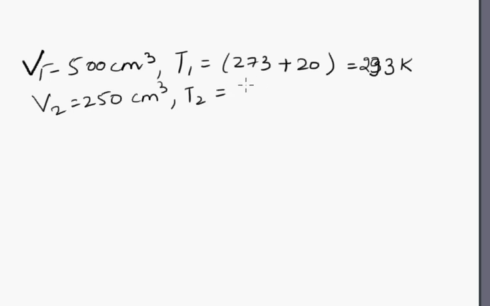In every numerical, whenever you are writing any kind of equations or results, you should write the units also. Now let's see, according to Charles' law, this is the equation.